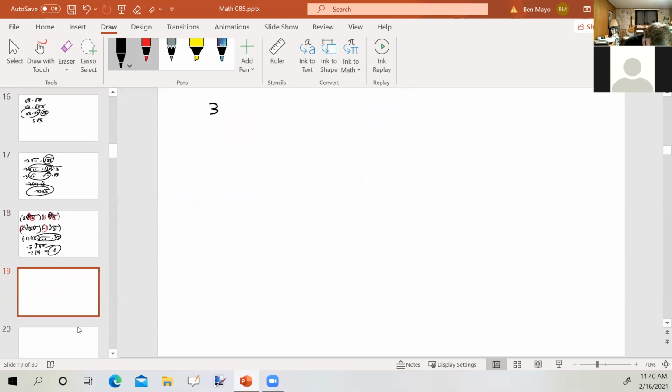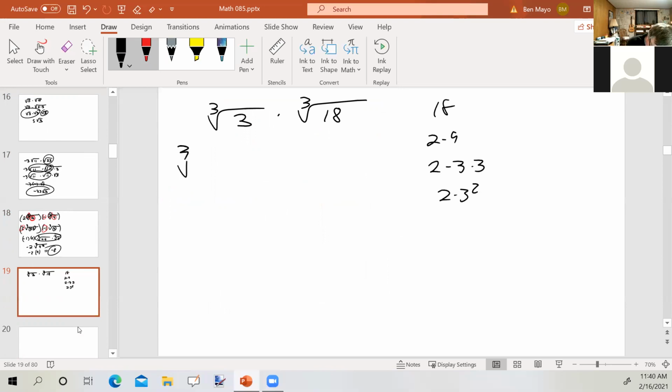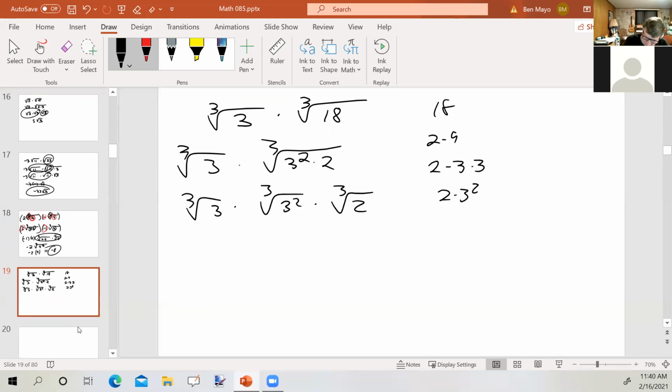How about the cube root of 3 times the cube root of 18? 18 is 2 times 9 is 2 times 3 times 3 is 2 times 3 squared. So I've got the cube root of 3 times the cube root of 3 squared times the cube root of 2.